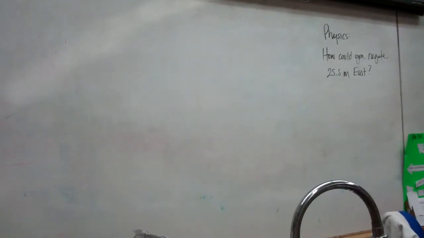I'll be right back. Okay, so you've jotted something down in your notes. You have an idea about the question that's on the board. You all have protractors and rulers out, which you aren't really going to need today. How could you negate a vector of 25.5 meters to the east? Don't yell it out.